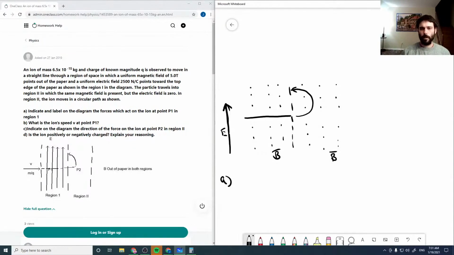Okay, so assuming a positive charge, then our free body diagram in area 1 is going to be an electric force going this way. And then as it's traveling in a straight line, we'll have a magnetic force going in the opposite direction and actually equal in magnitude.